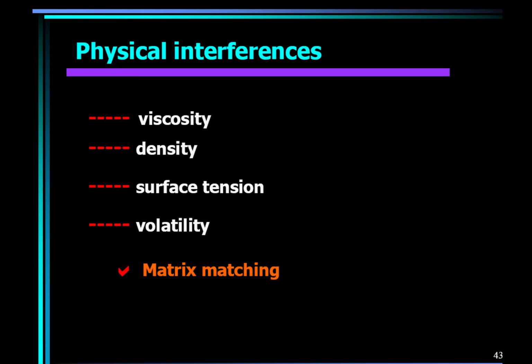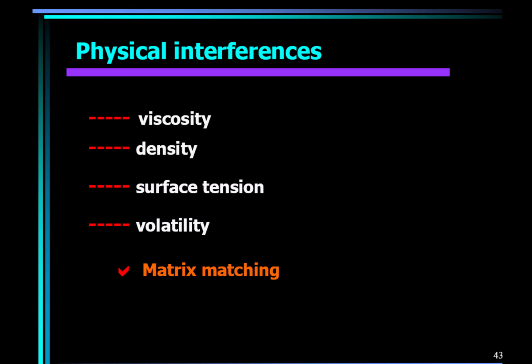That means if you don't match the solvents in which you dissolve your sample, you are going to have to deal with this. You can also have surface tension, and if the compound volatilizes, it becomes vapor, so you lose some before you do the atomization.